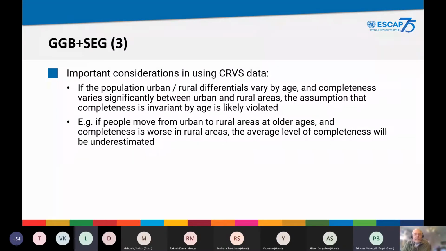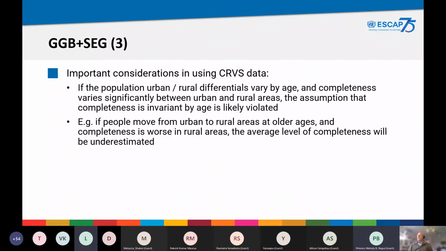and its residence by rural or urban areas varies by age. You can imagine a situation where, for example, older people might choose to leave urban areas and move back to rural areas around about retirement or for their old age. And if you imagine further that the completeness of your civil registration data varies significantly between urban and rural areas, well, then you are likely to violate the assumption that your completeness is constant by age.